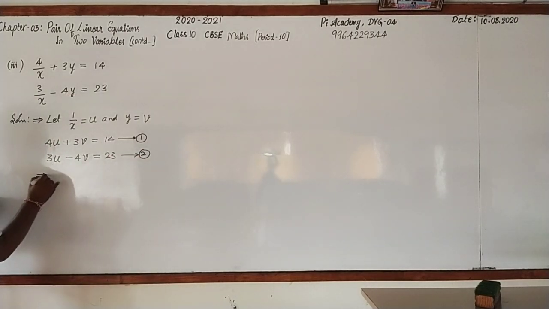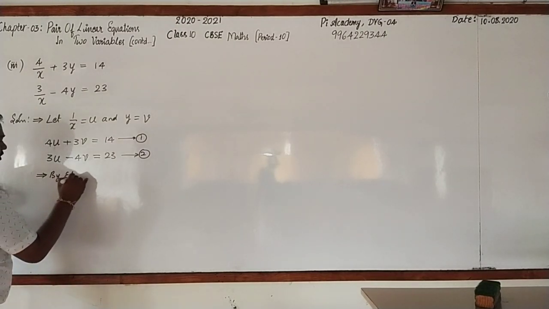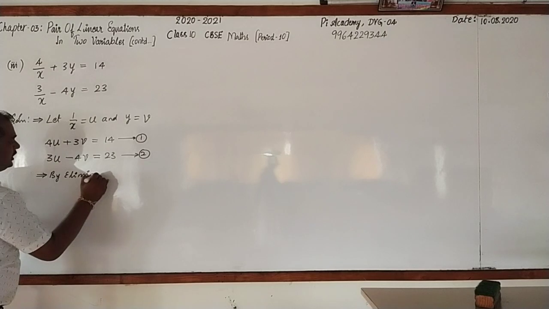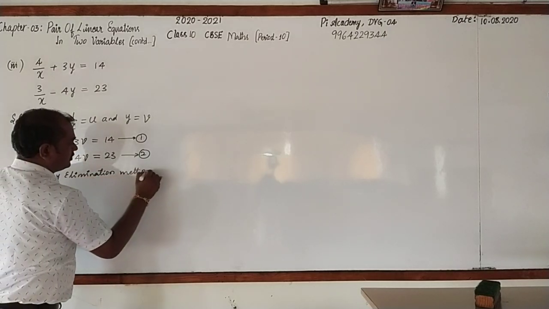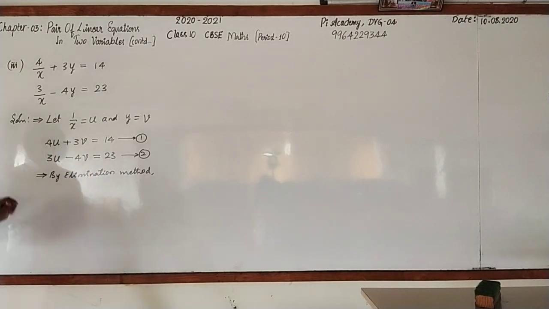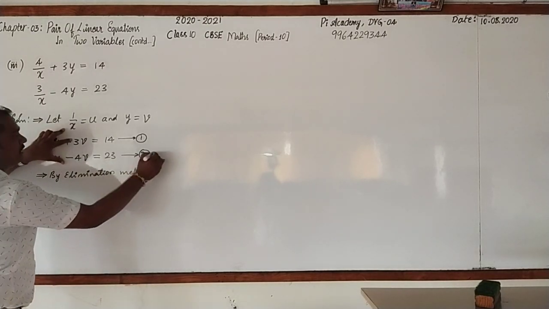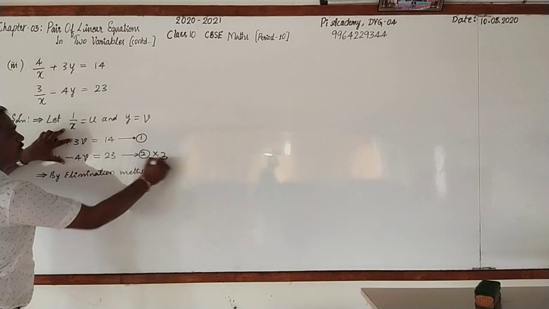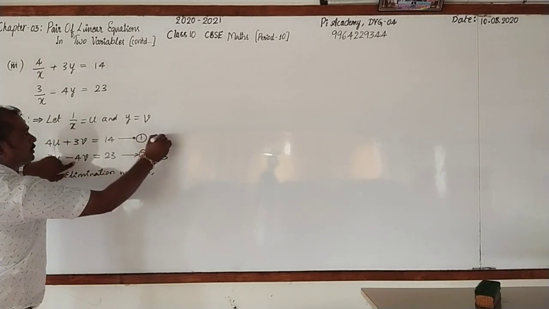By which method? If you want, you can mention it also, by elimination method. Then how do you want it? You have to equalize either the coefficient of u or v. Let's go for equalizing v. Here 3 is there, so multiply equation 2 by 3. Here 4 is there, so multiply equation 1 by 4.